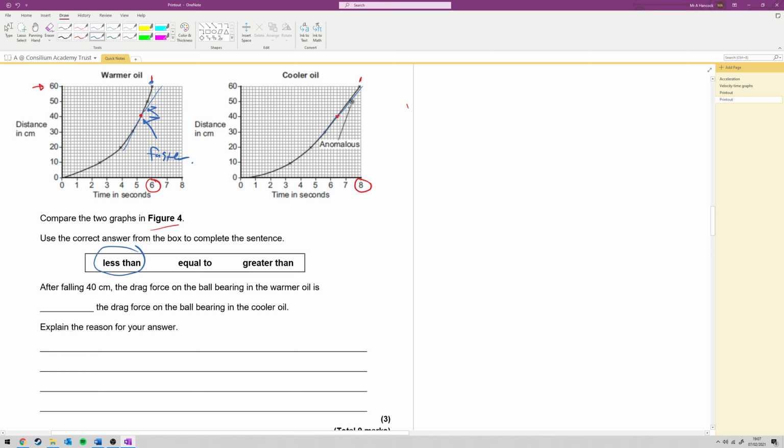Here you've got terminal velocity, you've got drag force and weight force equal. Here, this line looks like it's still curved. So even though this ball is going faster, because the warmer oil has less resistance, this is still accelerating downwards, so the drag force is going to be smaller. I'm not going to write it there because I don't have space.